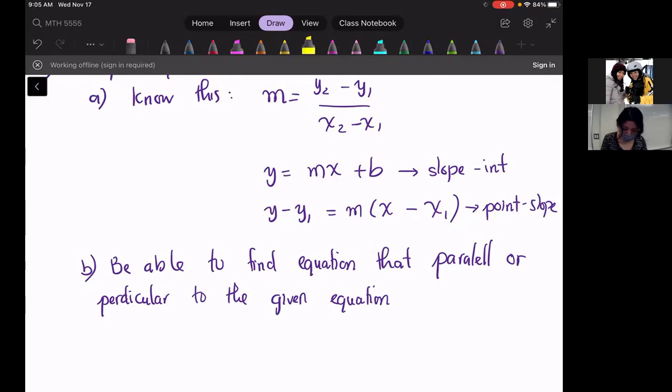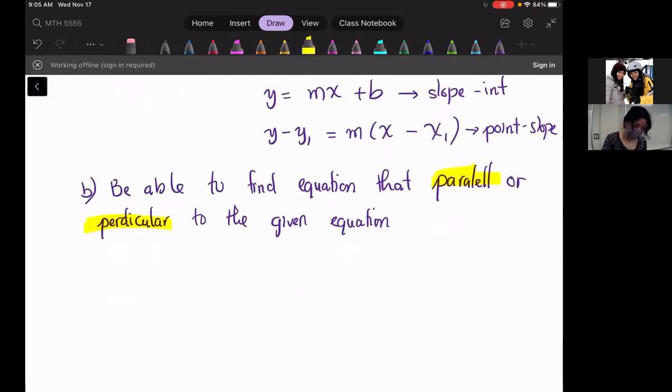Let me highlight that. They give you an equation and they say, give me another equation that has a slope that is parallel to the given equation. Or another problem, we could say, give me an equation that is perpendicular to the given equation. We do this in a workshop. And I have some on my worksheet too. See?